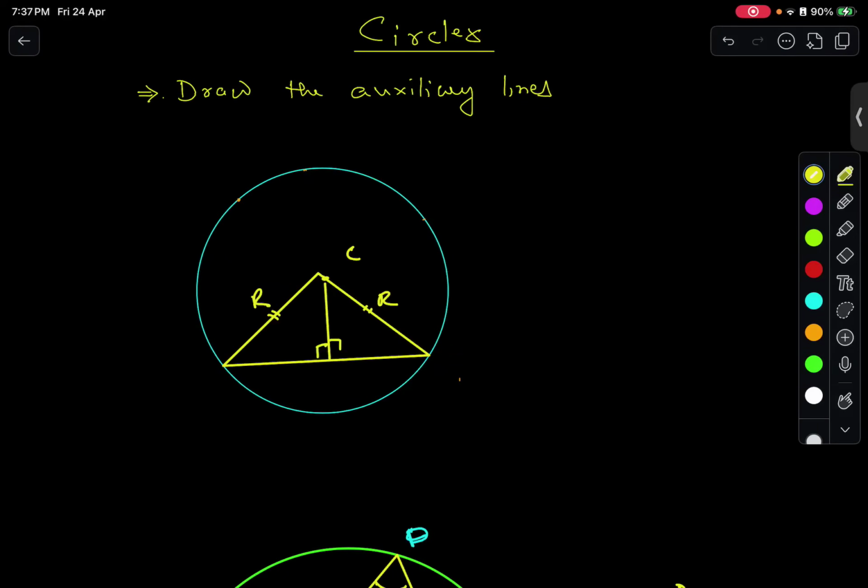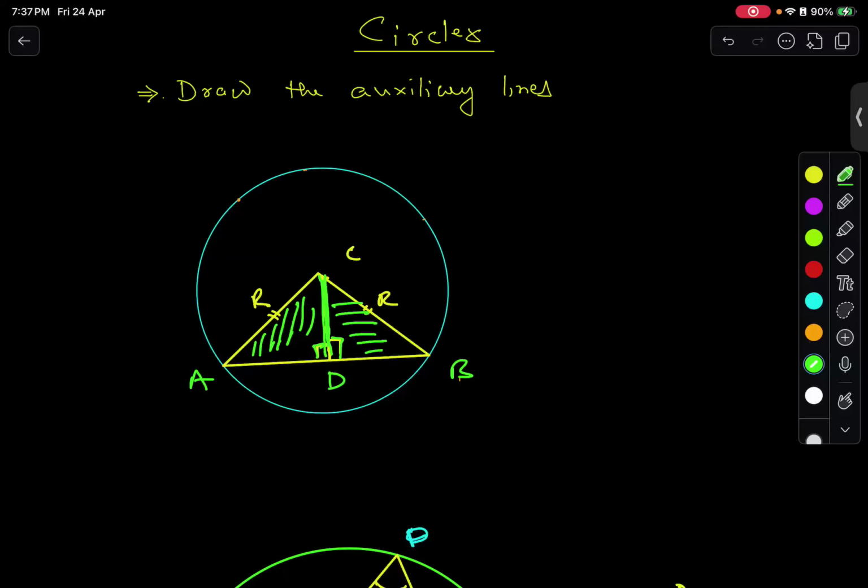And the perpendicular means this will be 90 degrees. And this line is common to both. For RHS, you can say this triangle and this triangle are equal. AB is divided by CD into two triangles, ACD and BCD.